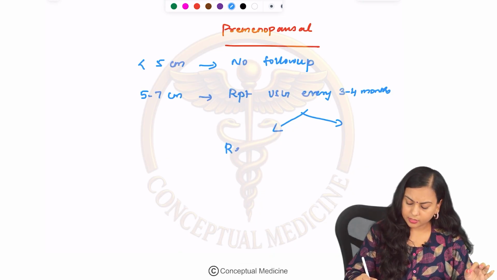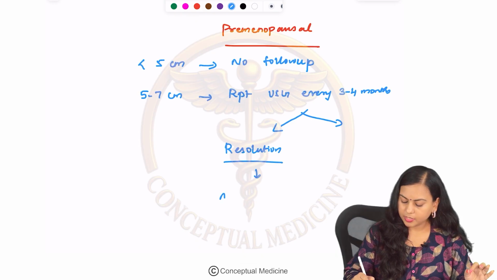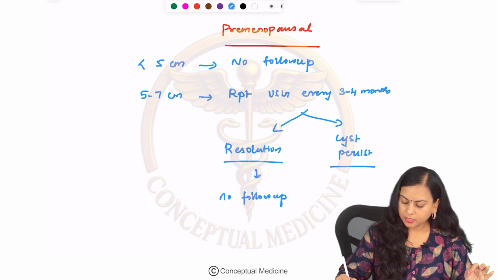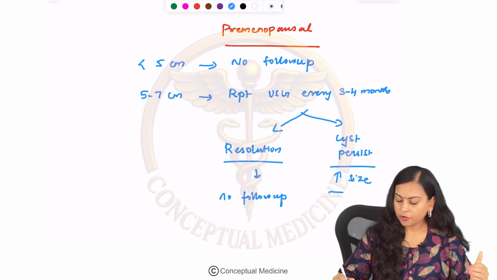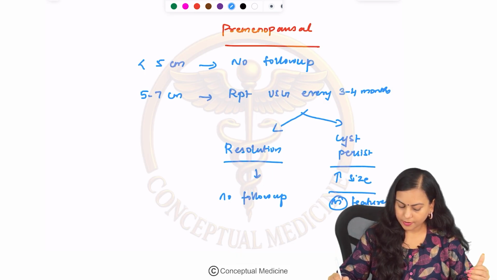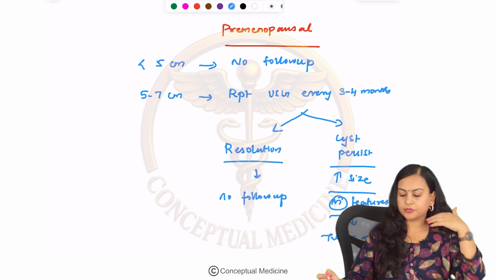After this, either the cyst can go for a resolution, that means you can stop follow-up. Suppose the cyst persists and there is an increase in size, or you see M features, what we have mentioned so far, then you will ask them to check their tumor markers.